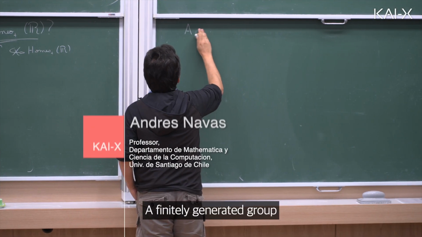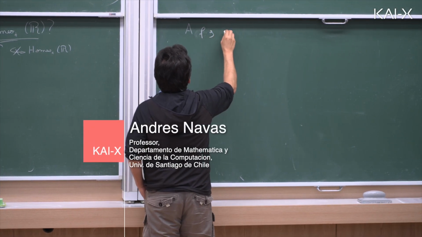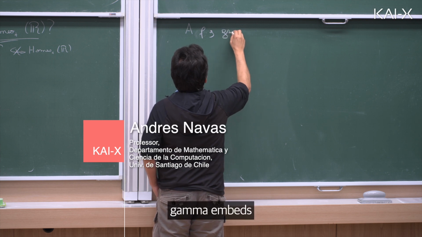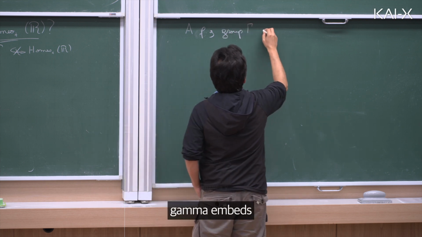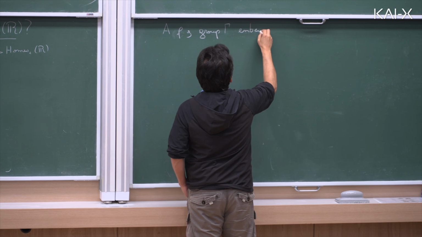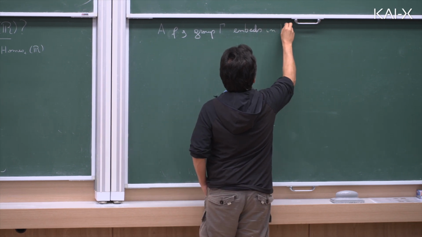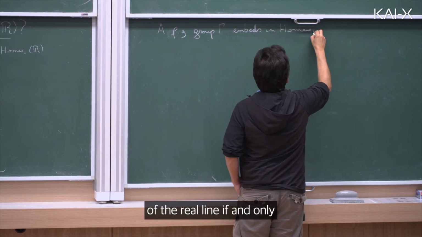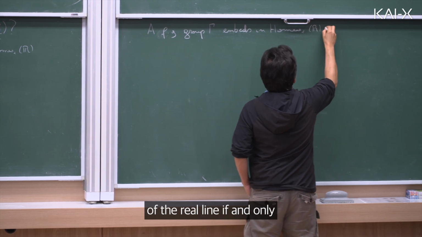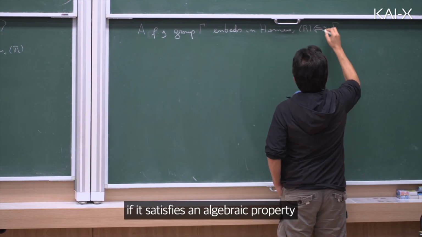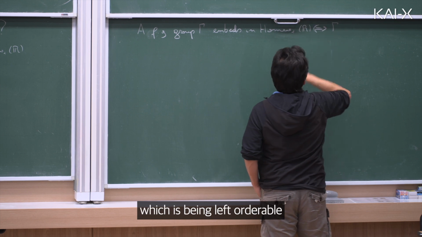A finitely generated group gamma embeds in the homeomorphisms of the real line if and only if it satisfies an algebraic property, which is being left orderable.